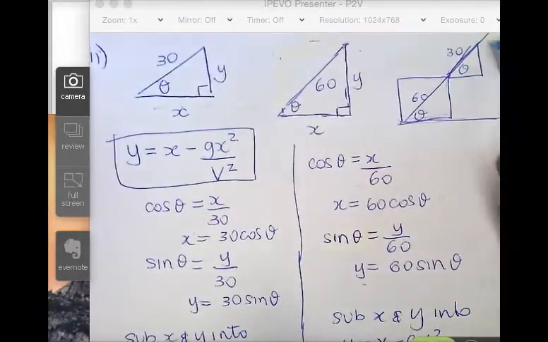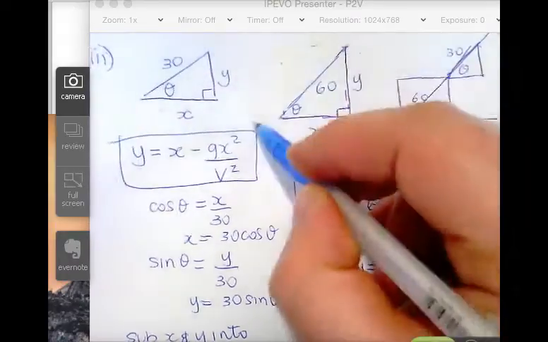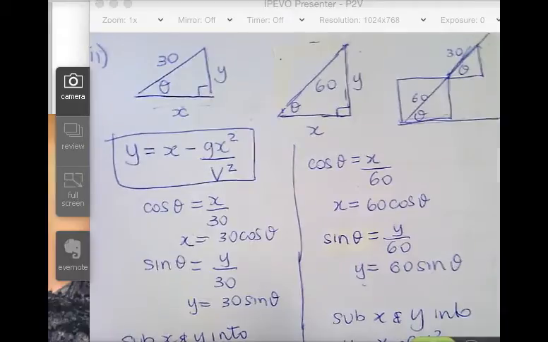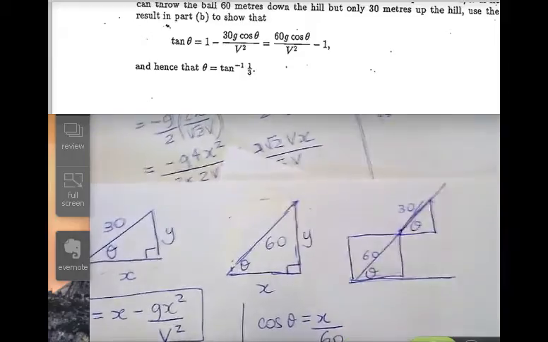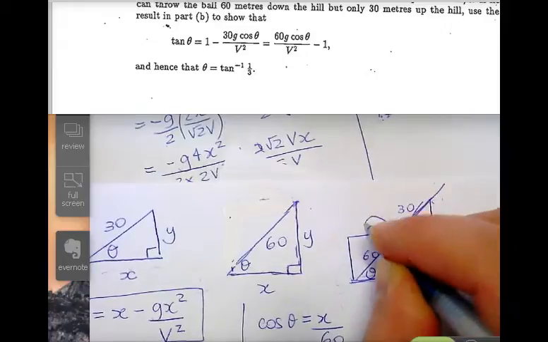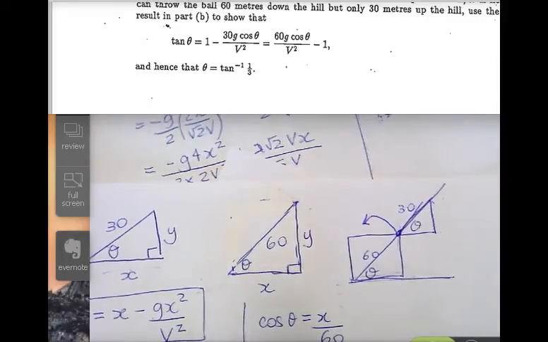If you're throwing up the hill, you're going to the right and up, aren't you? Both positive. If you're throwing down the hill, the x is negative too, you're going backwards and down. Because the boy has stopped and turned around and thrown the ball, the x is still in the same direction as where the ball's being thrown, so the x component is positive.